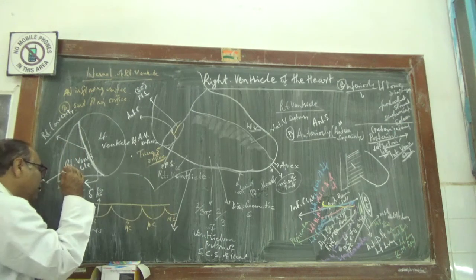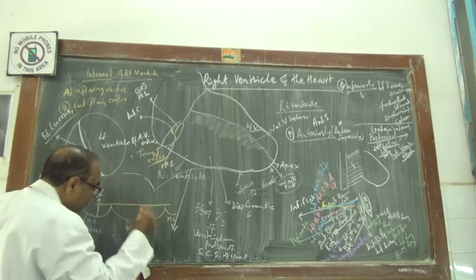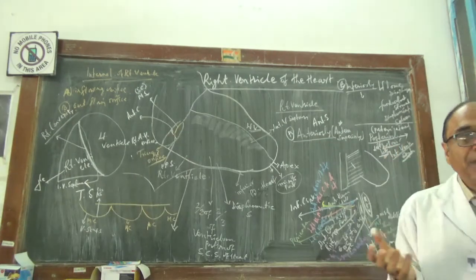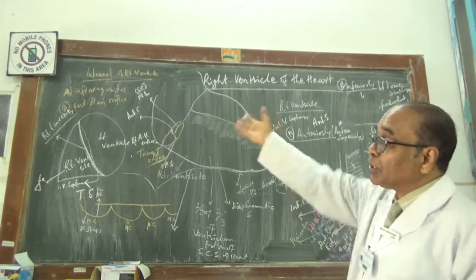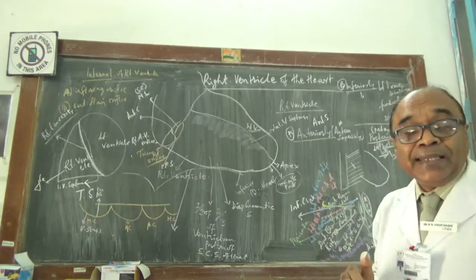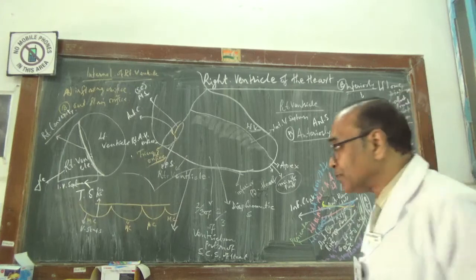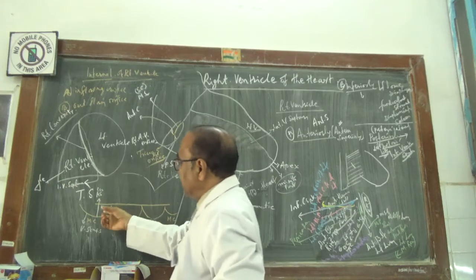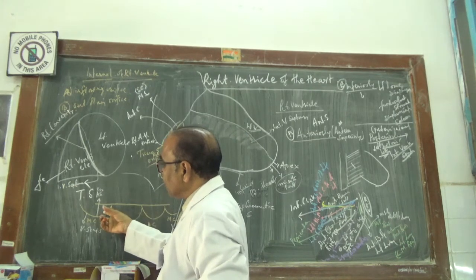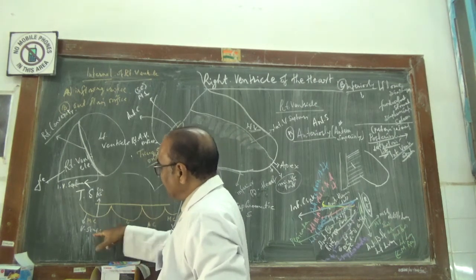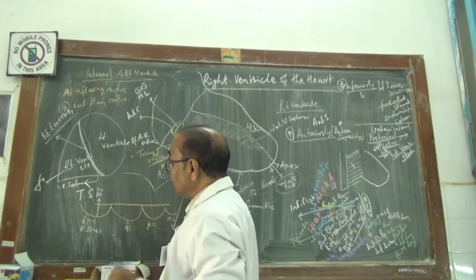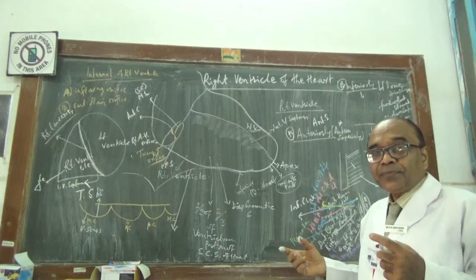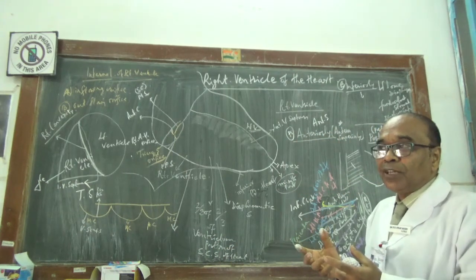So these cusps change their shapes depending upon the pressure gradient in the atrial and the ventricular portions. When the atrial diastole is there, the atrial surface is concave, while at the same time ventricular contraction will be there.